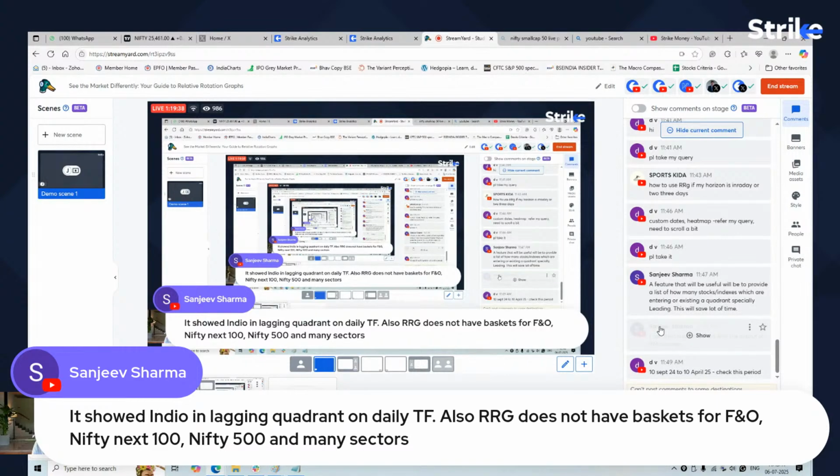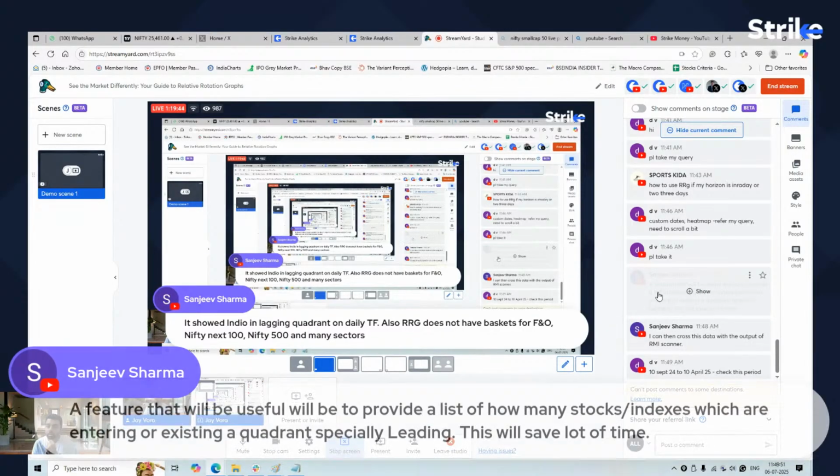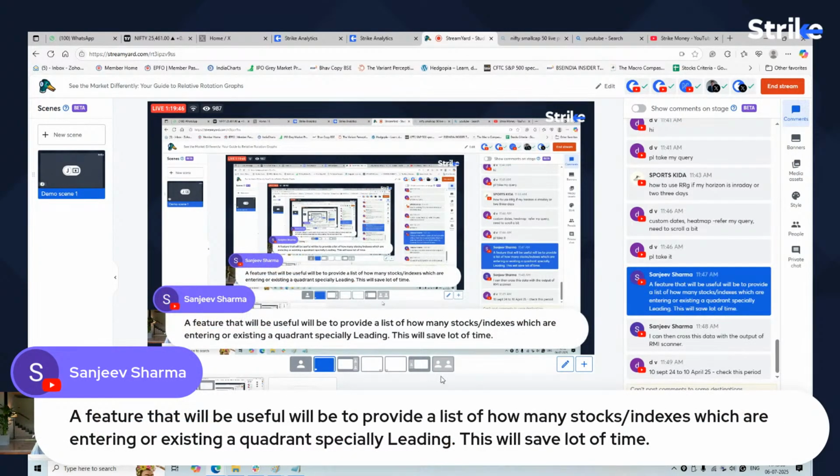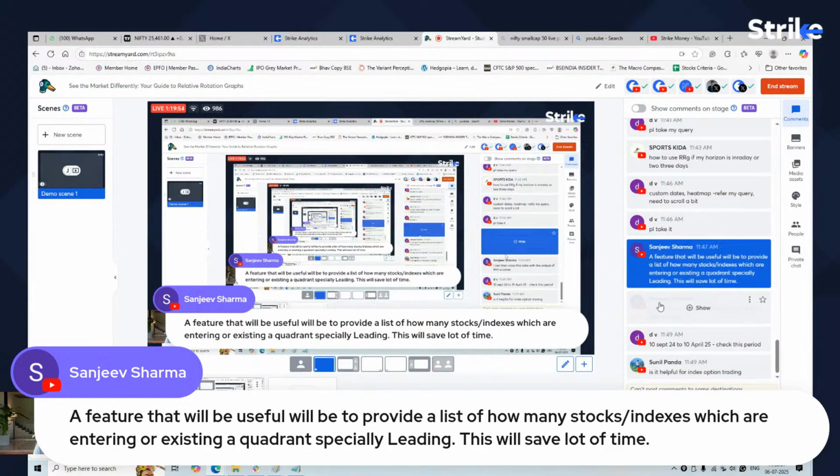A feature will be helpful to provide the list of many stocks. Yes, Sanjeev, I understand your query. There are a lot of things in our pipeline, and it has gone a little slower than we expected. But some scanners for RRG is something that we already have a plan for.